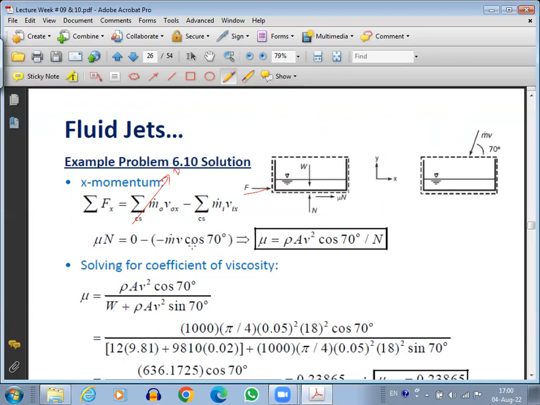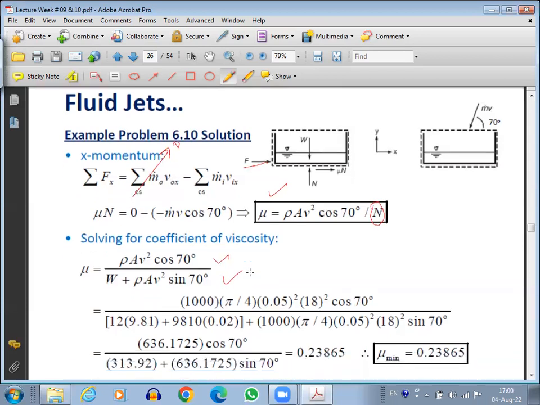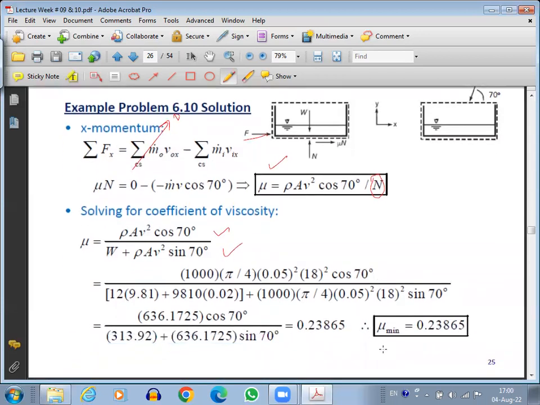And then we'll have the x component of the momentum going into the control volume. Substitute the values, you're going to get an equation for mu. Then we already have the equation for N previously. You just substitute it into the main equation, substitute all the values. You're going to get the minimum coefficient of friction needed to solve the problem.